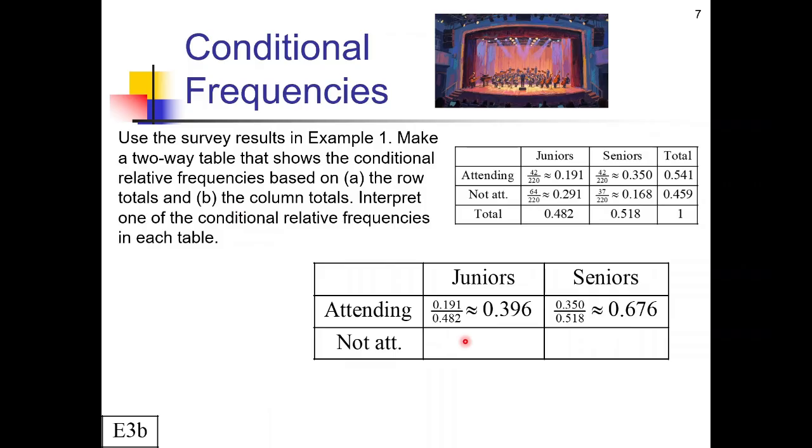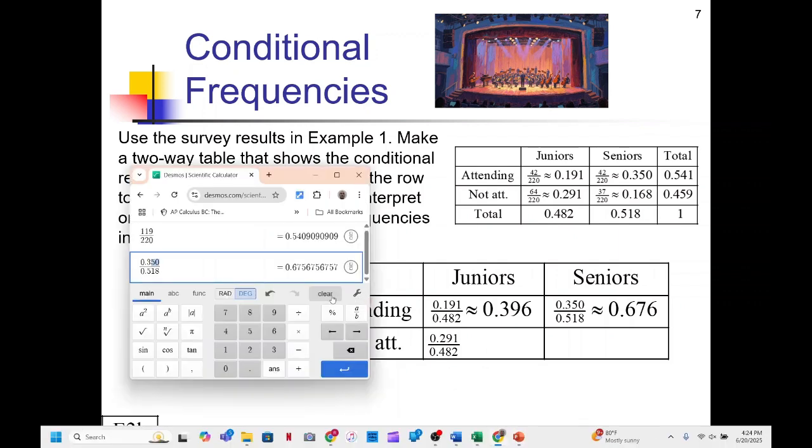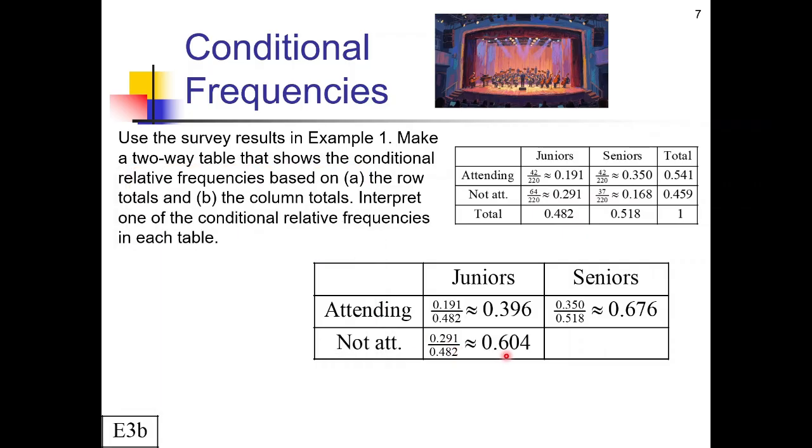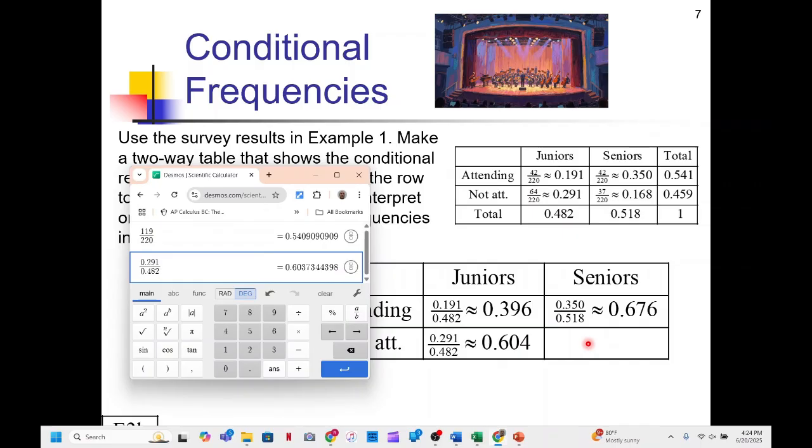And down here now we've got 0.291 over 0.482. So 291, 482, that's 0.604. And then last but not least, we have 168 over 518, giving us 0.324.